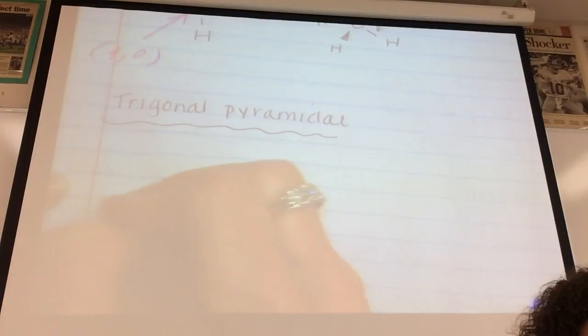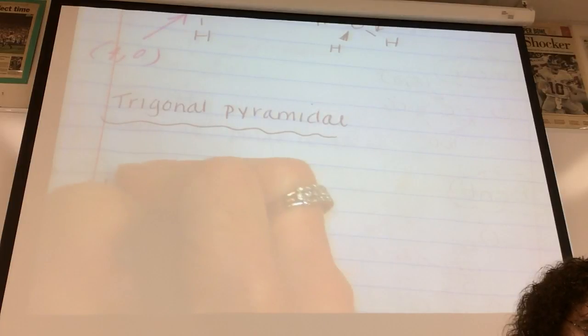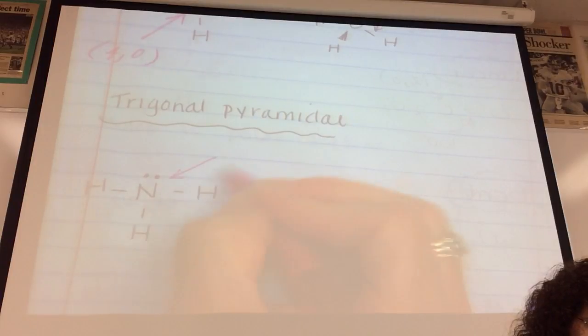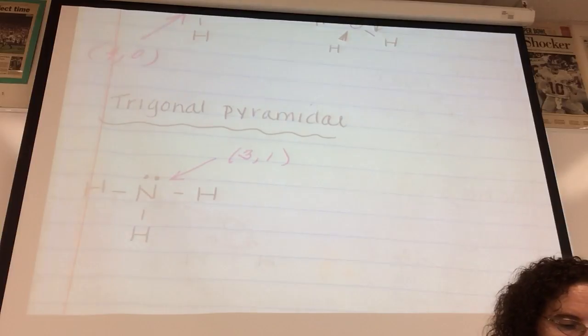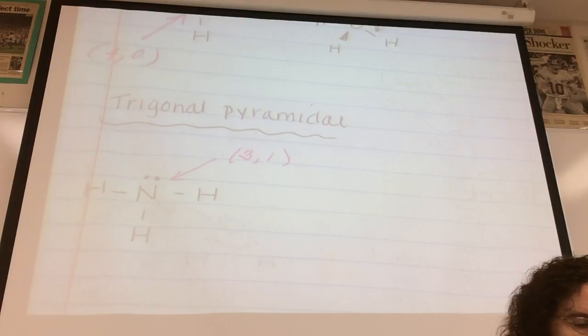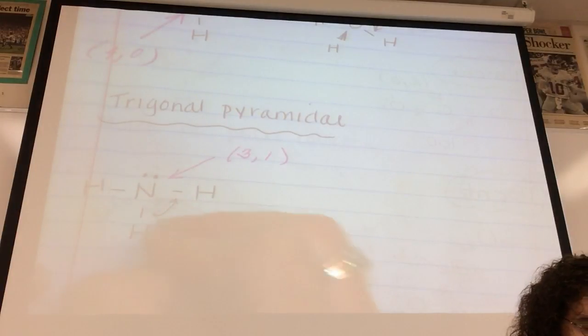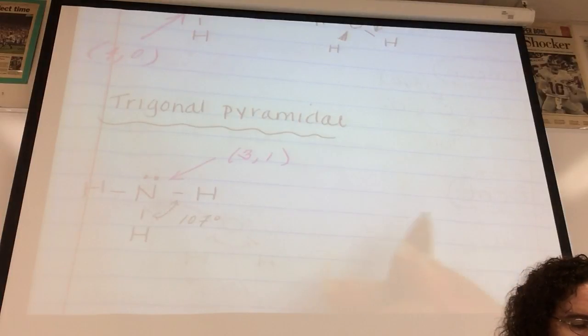For example, ammonia, 3 atoms attached, 1 lone pair. So 3 attached was your trigonal, and then the lone pair pushes the other atoms closer together, and you get a pyramid shape. And not drawn to scale here, but the bond angle is about 107 degrees. But that's very nitpicky.